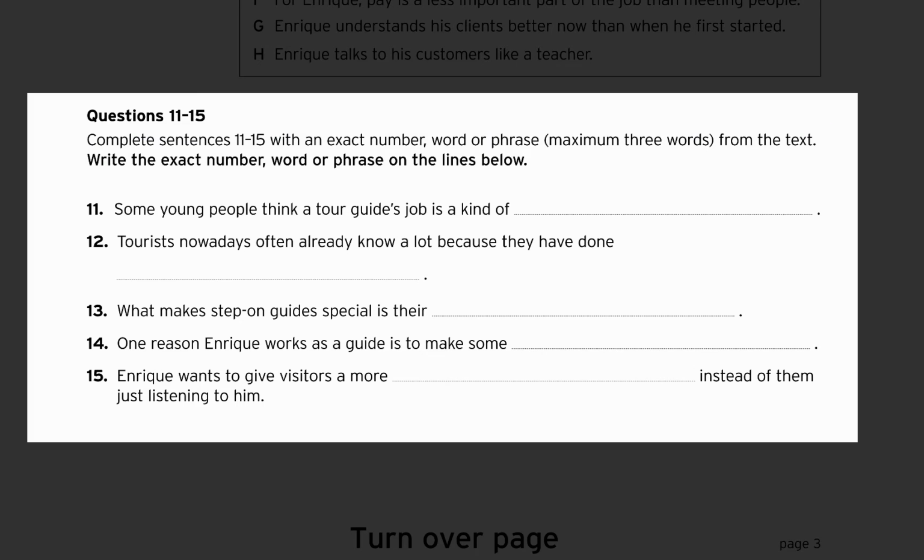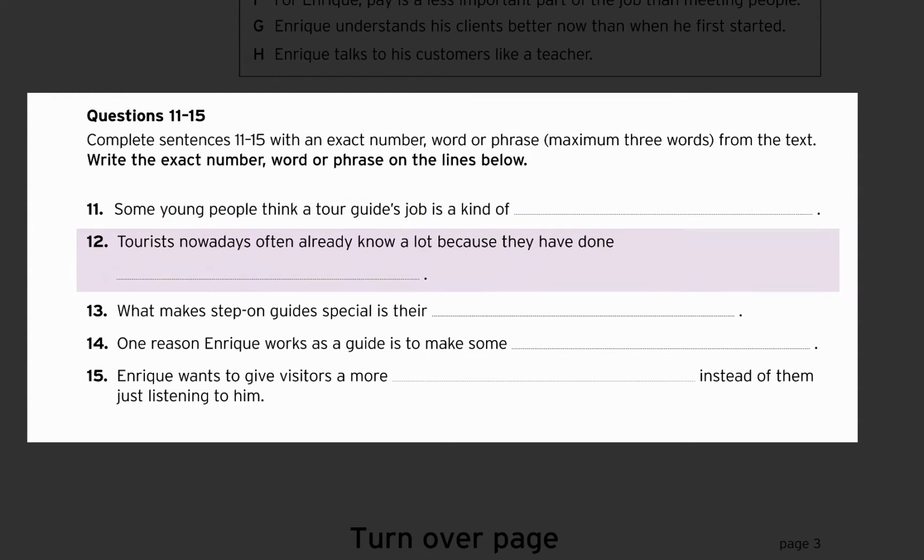So number 11 here. Some young people think a tour guide's job is a kind of... What comes next? It's a noun. It's something. So look at that in the text when you do it.